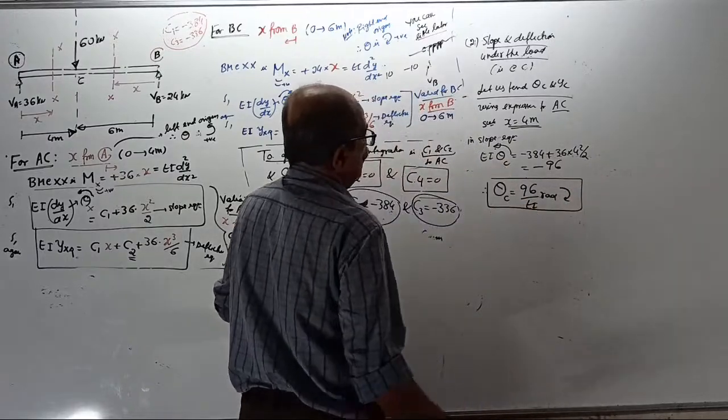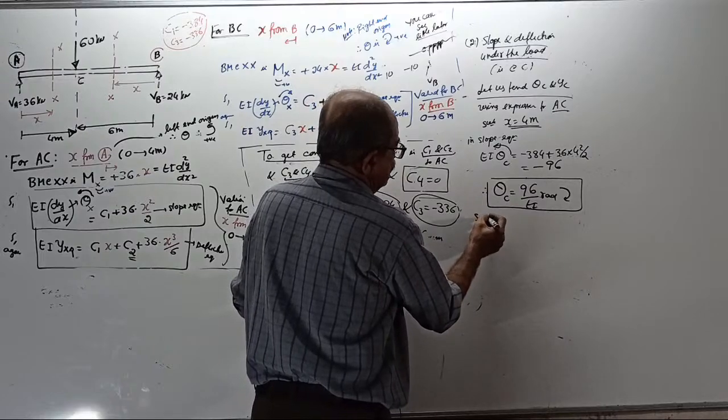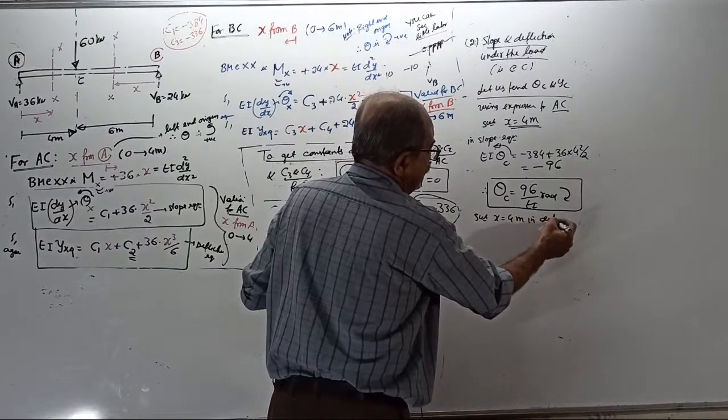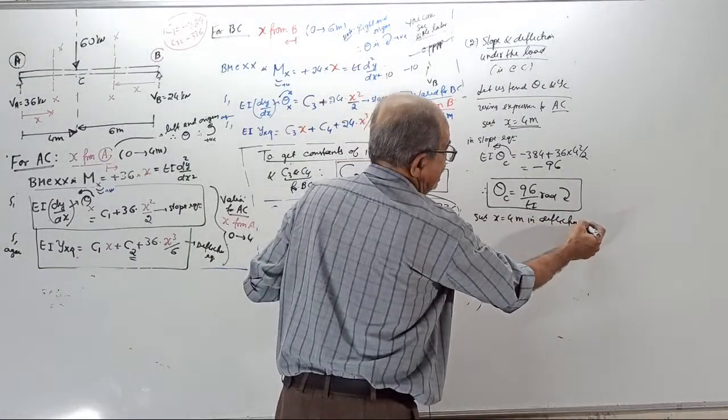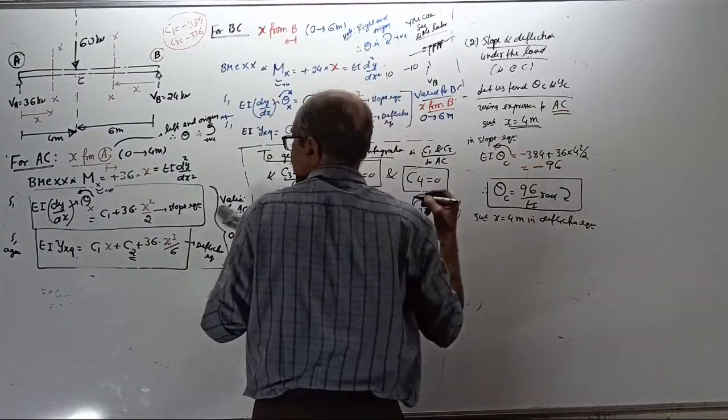Now, substitute x equal to 4 meter in the deflection equation for the AC portion.